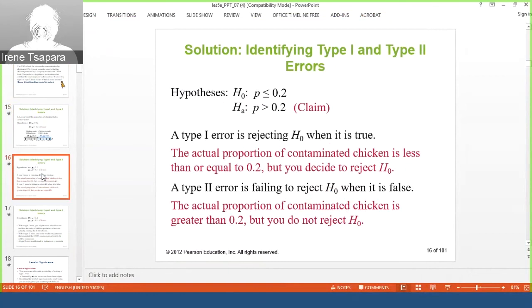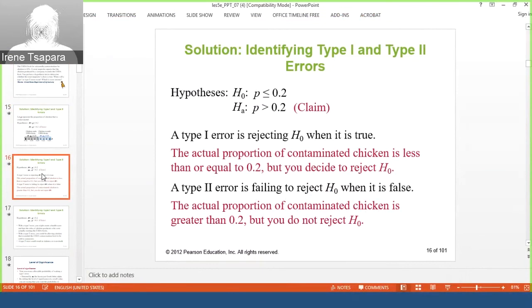In this specific example, you can see that the type 2 error is more serious. And it's more serious because you will allow a quantity of chicken to go out, although the proportion of the chicken that is contaminated is greater than the USDA limit.